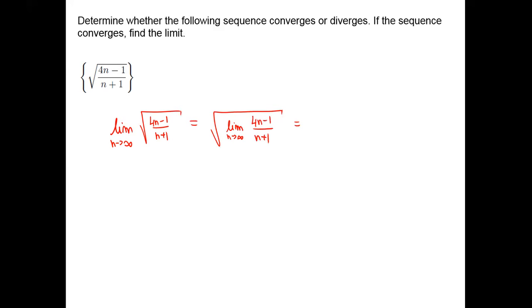That means the limit inside is the ratio of the leading coefficients. 4n over n is 4, square root of 4 is 2. The sequence converges to 2.